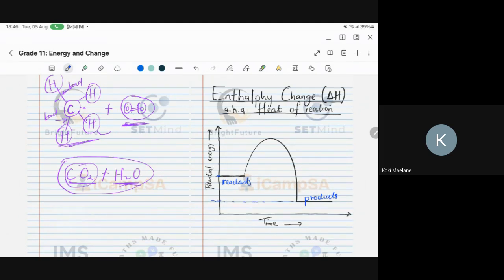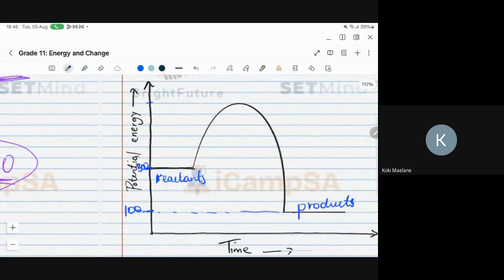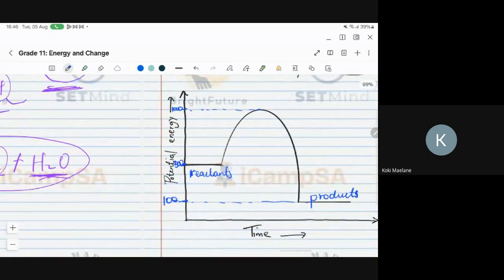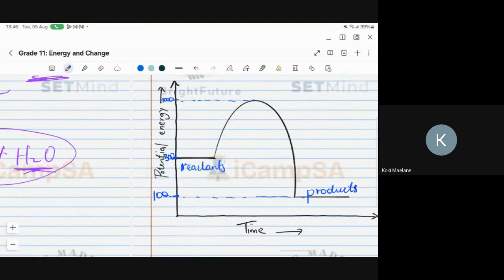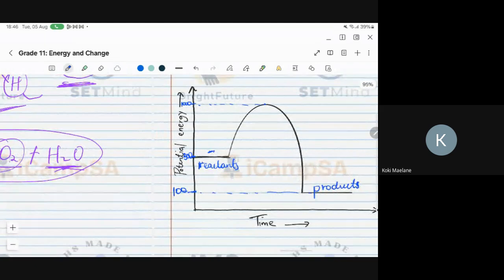These would be labeled. Typically, maybe they say here there's 100, and then here there's 300, some numbers, and then let's say at the peak they give you 1,000 joules per mole, whatever. It could be any of those energy values. So at this point you have the energy of the reactants, and at this point you have the energy of products, right?